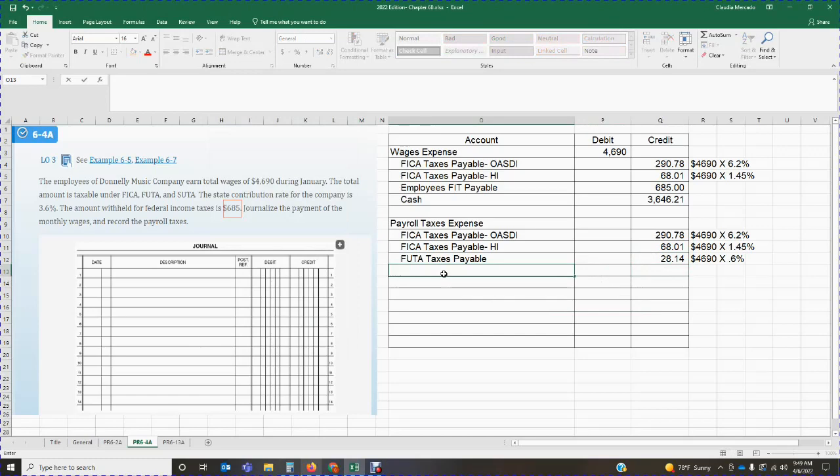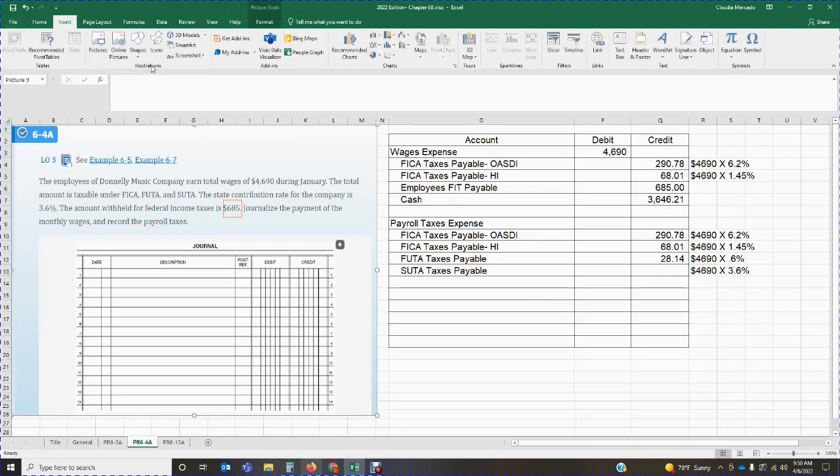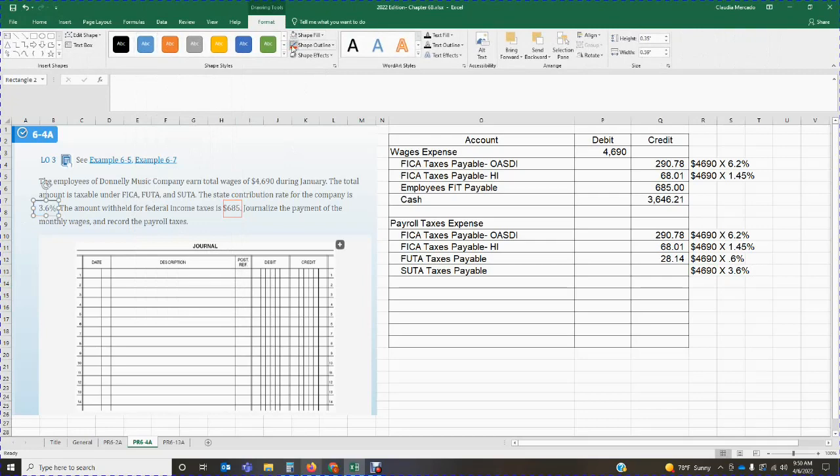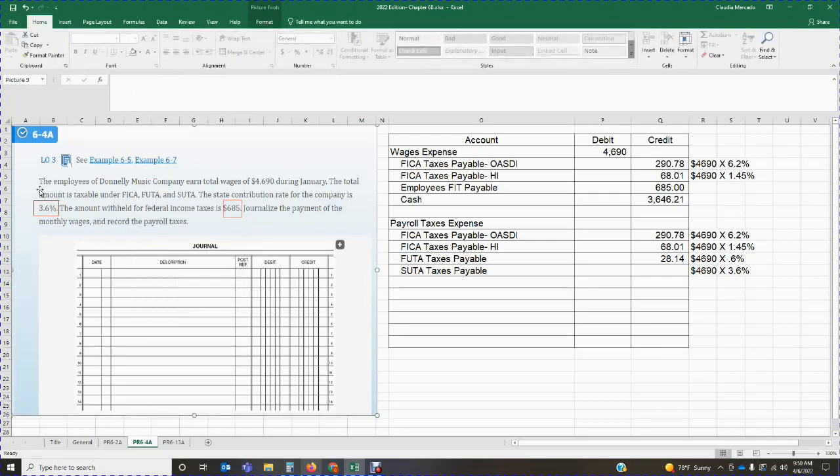And then we have our SUTA taxes payable. This is our state unemployment tax that the employer has to cover. We have 46.90, and my SUTA rate is 3.6%. That is provided to you in the problem, okay? Make sure that you read the information carefully. Don't just follow my videos, okay? Every problem that you have will have a different rate.